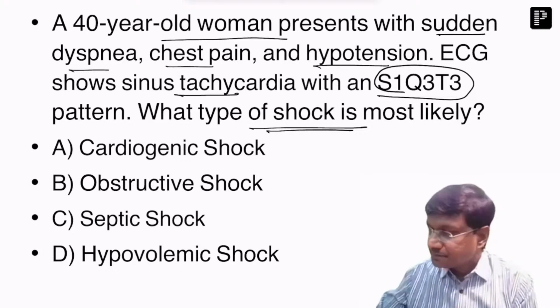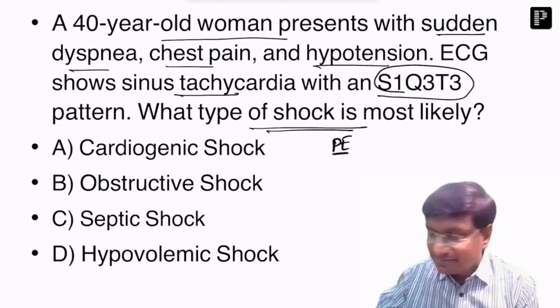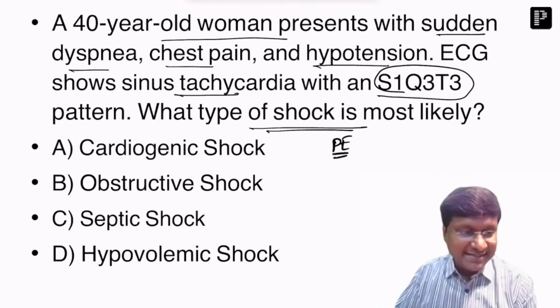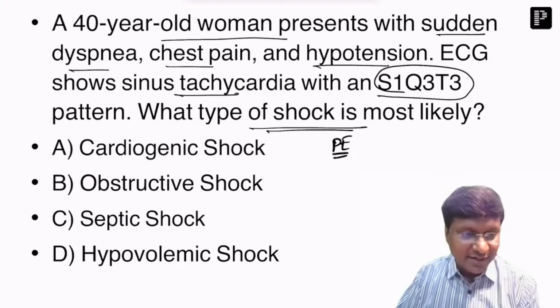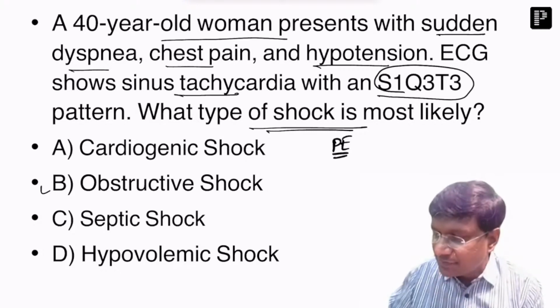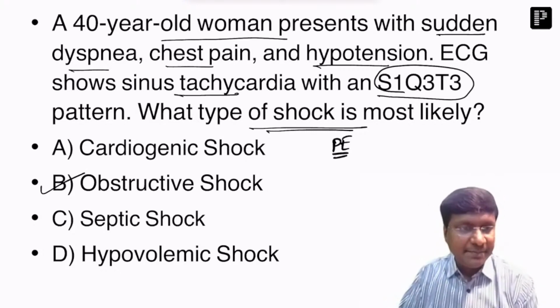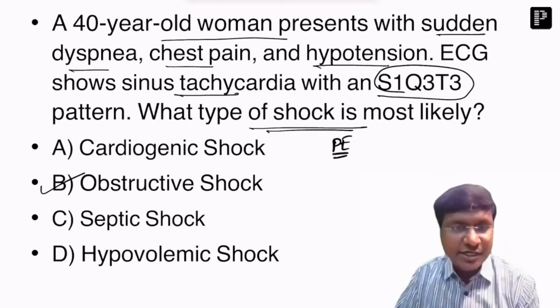Right, so pulmonary embolism is the correct answer, but the answer is not A. Very good, Nirmalesh Mahata. That is the obstructive shock, because pulmonary embolism is an obstructive shock.